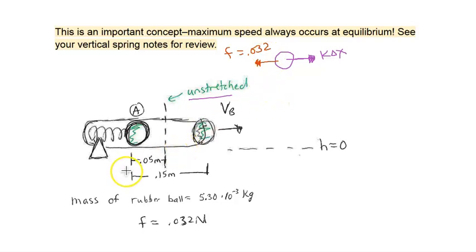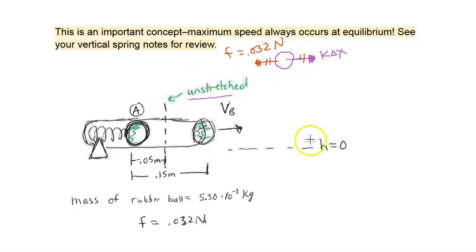So K delta X starts out at something bigger than 0.032 newtons, but it's going to go from some big force, and I don't remember what it is, to 0. So at some point, it's going to be 0.032 newtons.